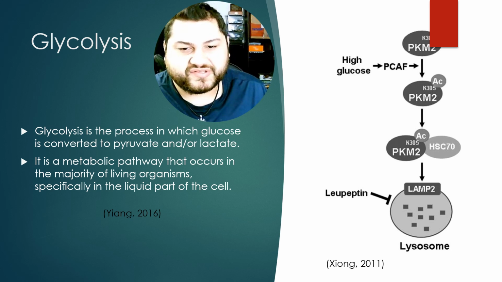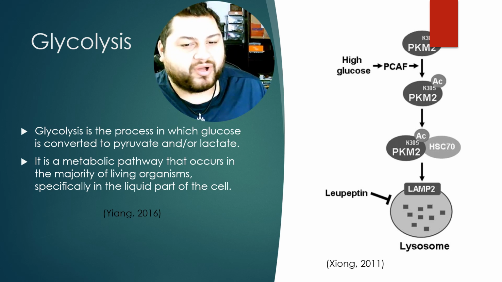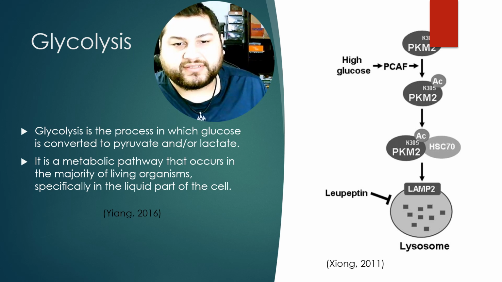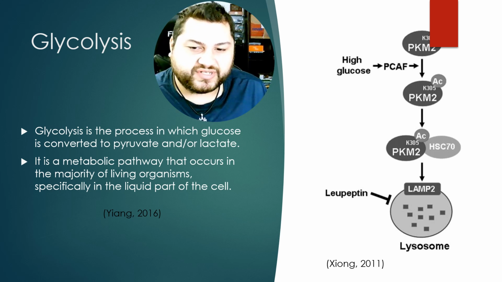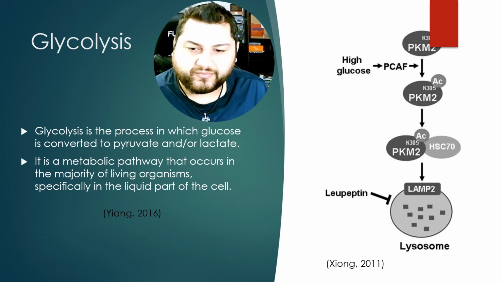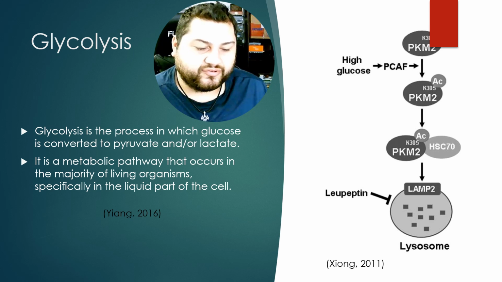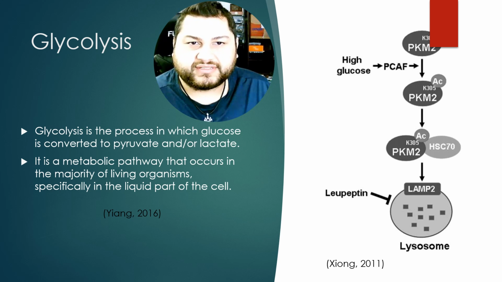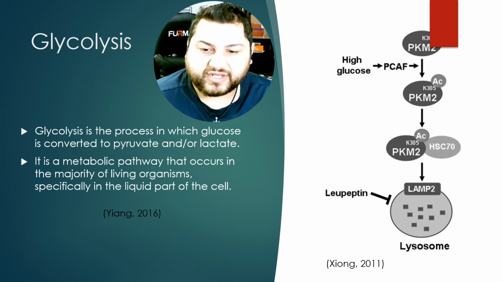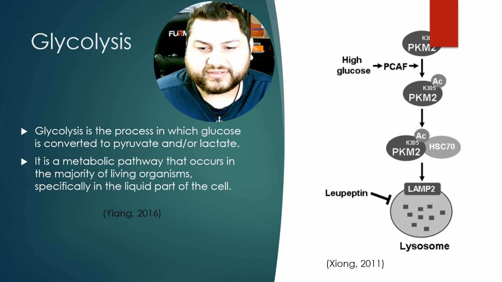It is a metabolic pathway that occurs in the majority of living organisms, specifically in the liquid part of the cell. For that particular reason, a lot of researchers believe that it occurred once in the course of the evolution of energy retrieval.